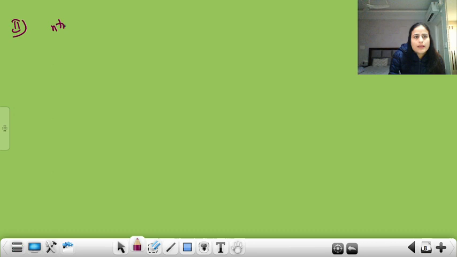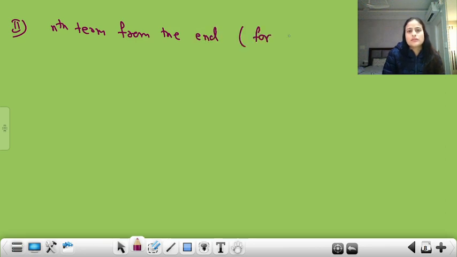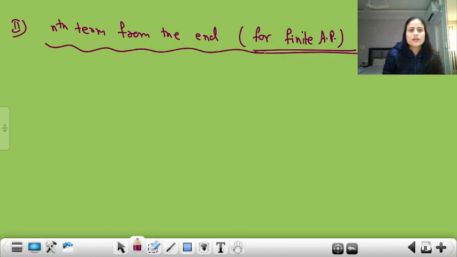So second, the nth term from the end, and it is only for a finite AP, finite arithmetic progression. Okay, because whenever I have a finite arithmetic progression, then only I can talk about the nth term from the end, right? Once my end is finite, then only. Okay, so the nth term from the end for a finite AP.